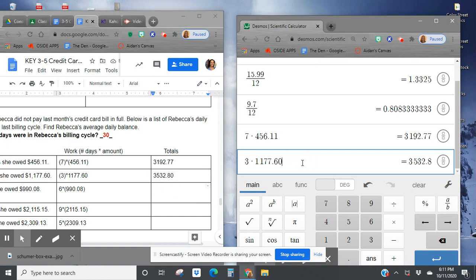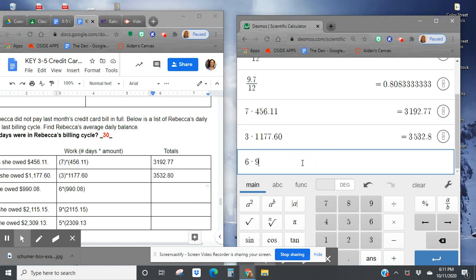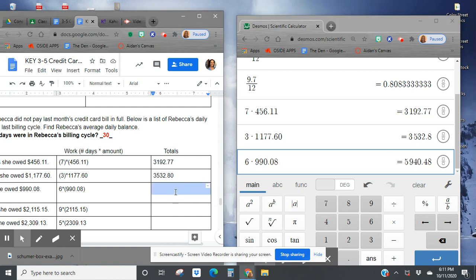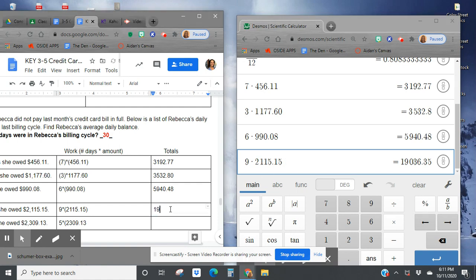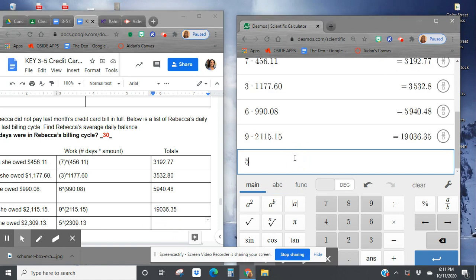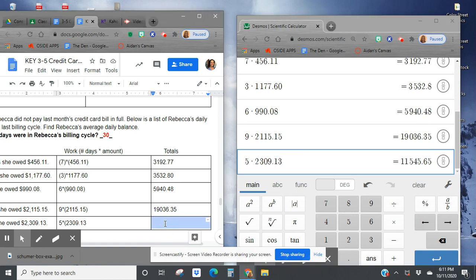Next is 6 times 990 and $5940. Next is 9 times 21.15, and we get $19,036.35. And then 5 times 23.09, and we get $11,545.65.